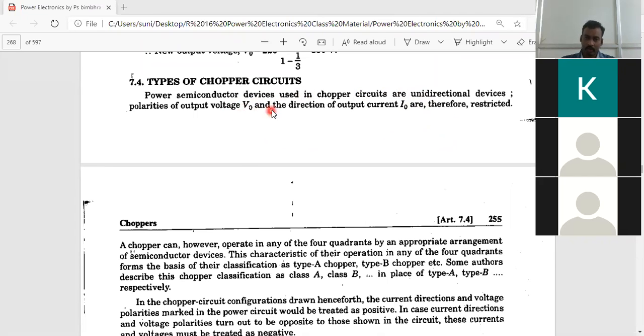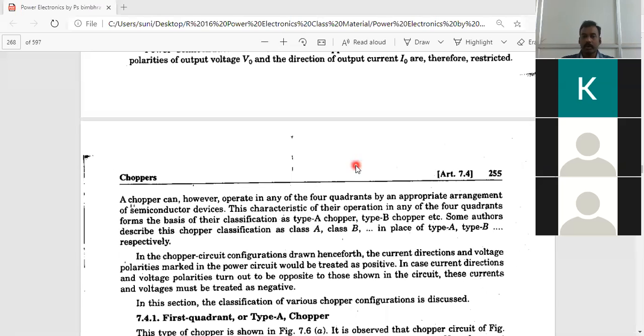Whenever it is considered, these are termed one quadrant chopper, two quadrant chopper, similarly four quadrant choppers. Majorly, these quadrant choppers are considered in motor applications, drive applications.